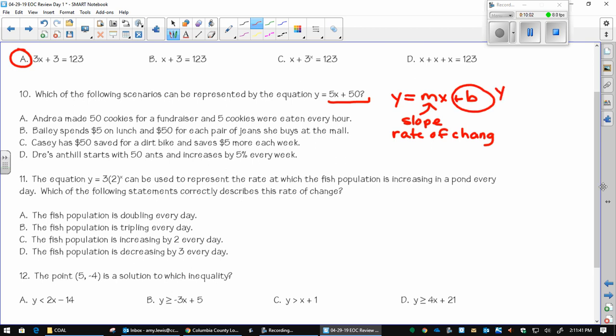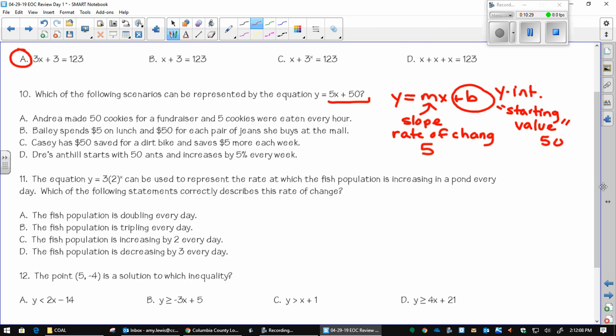B is our y-intercept. And often when we talk about word problems, this is our starting value. So when we read through this problem, let's just remember that m is our rate of change, which in this case is 5, and our b, our starting value, is 50.